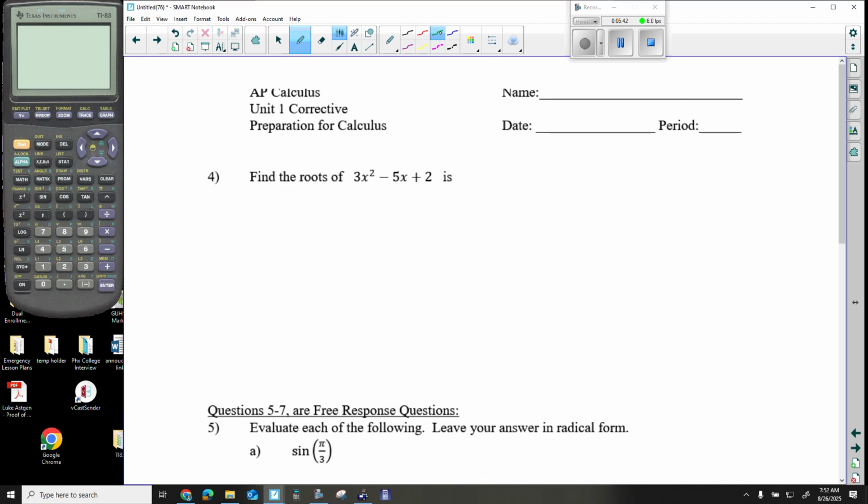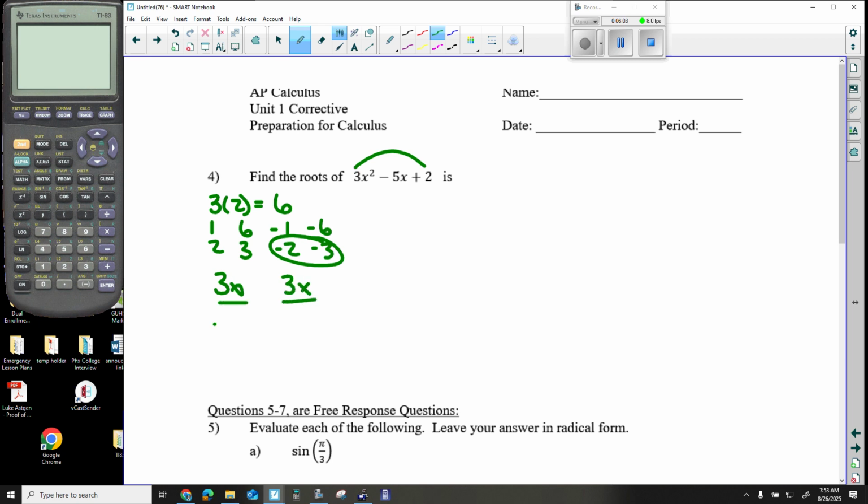Okay, find the roots. This is just algebra stuff. So I multiply 3 and 2, so my multiplication number is 6. Positive, which we mean positive, positive, or negative, negative, adding to -5. Because this is a complex ABC, I write it as a fraction twice.